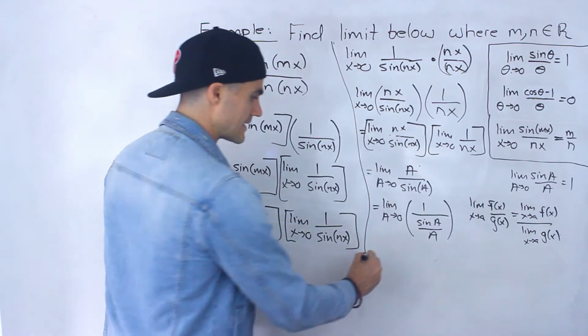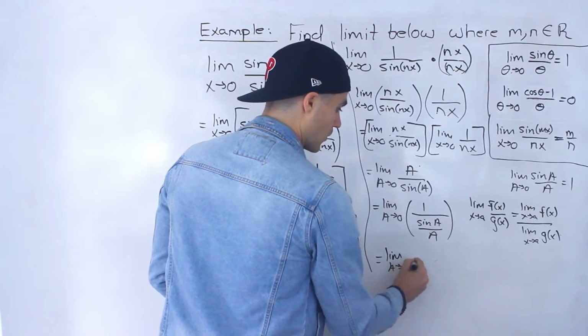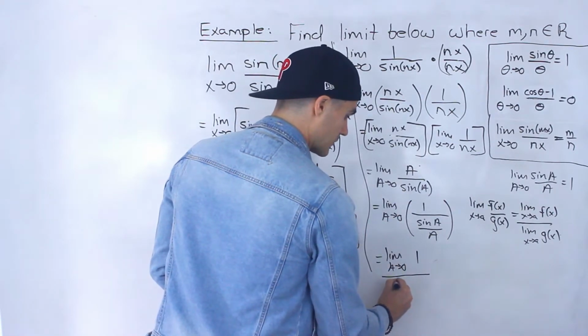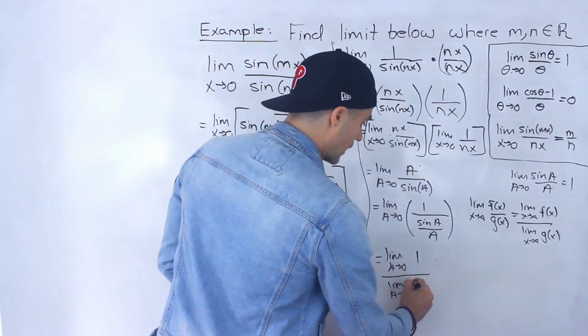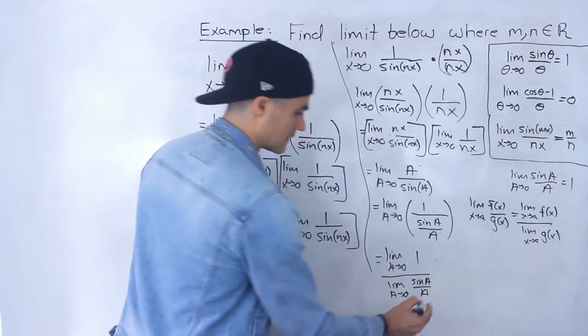So we can rewrite this as the limit as a approaches 0 of 1, this numerator, over the limit as a approaches 0 of sine a over a, like that.